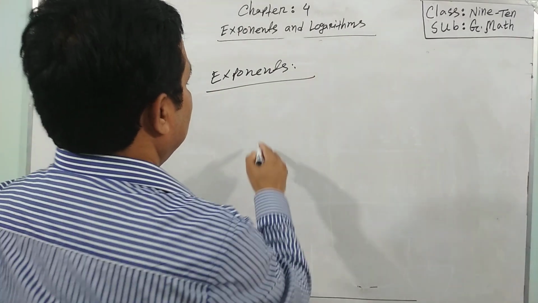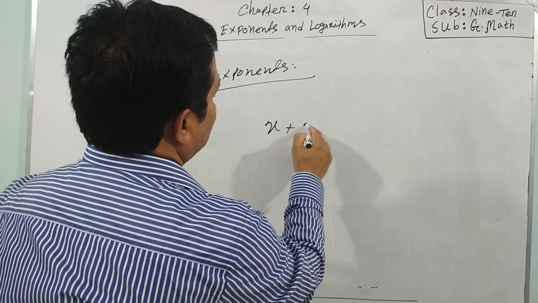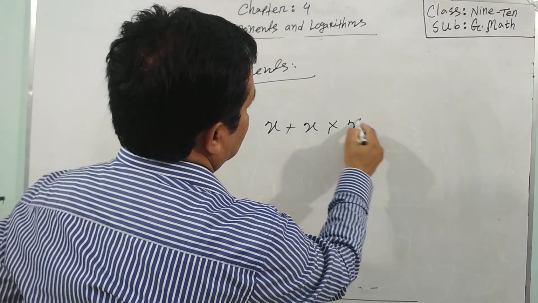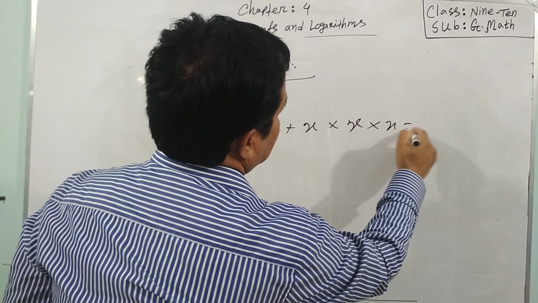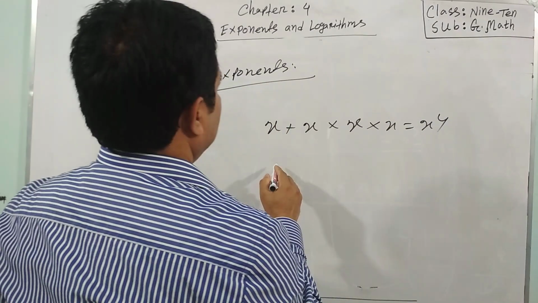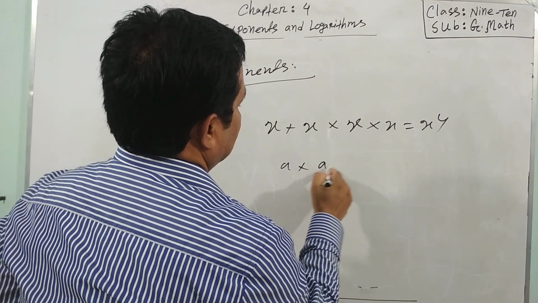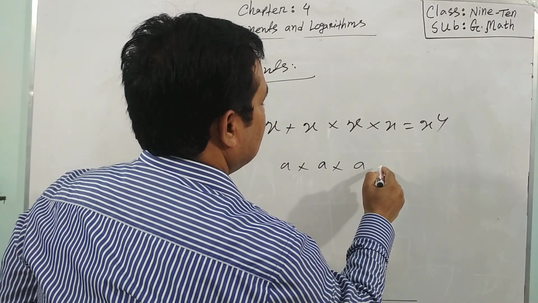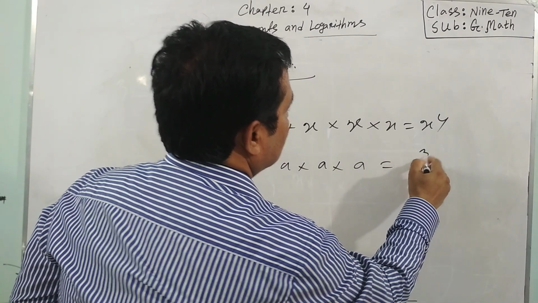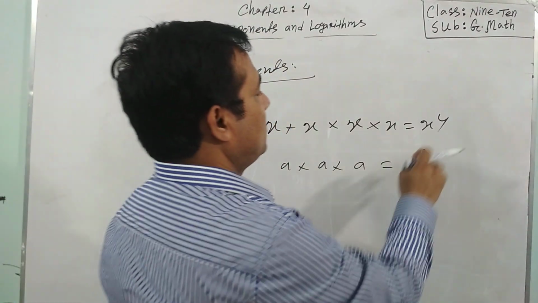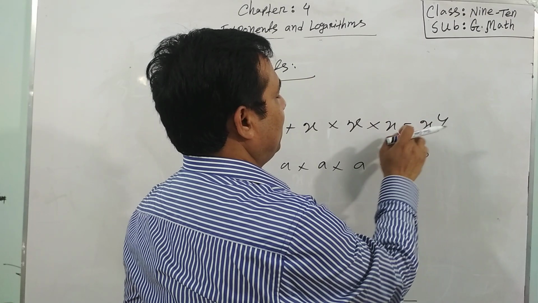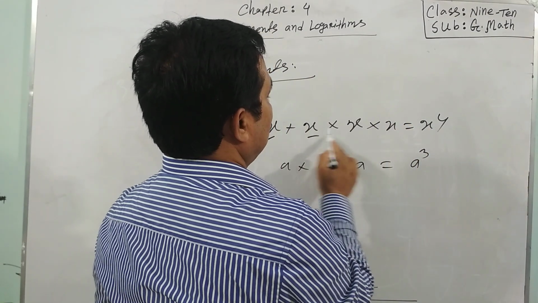For example, x into x into x into x is x to the power 4. A into A into A equals A cube. Here, 4 times of x: 1, 2, 3, 4.